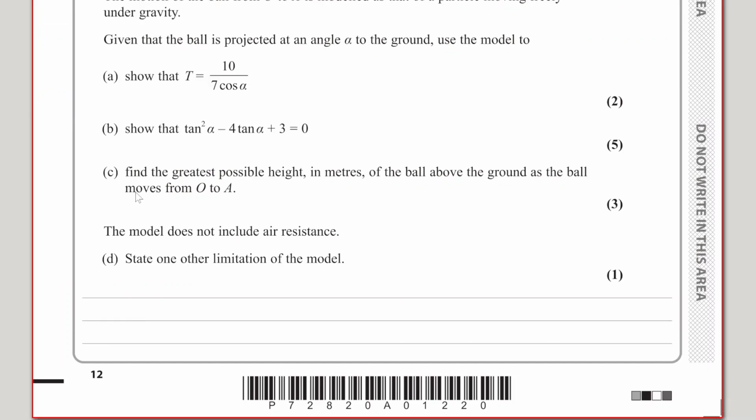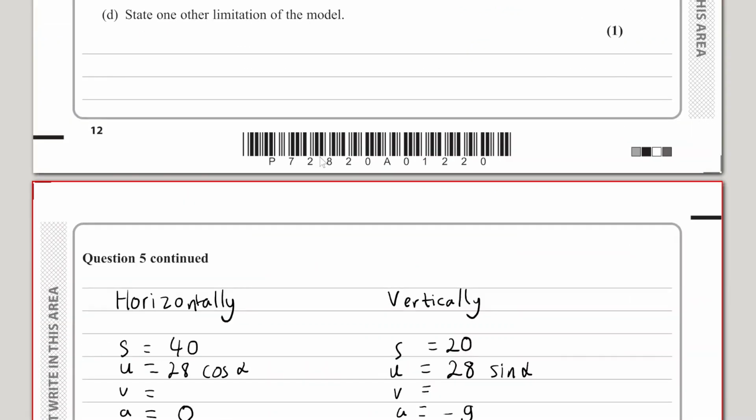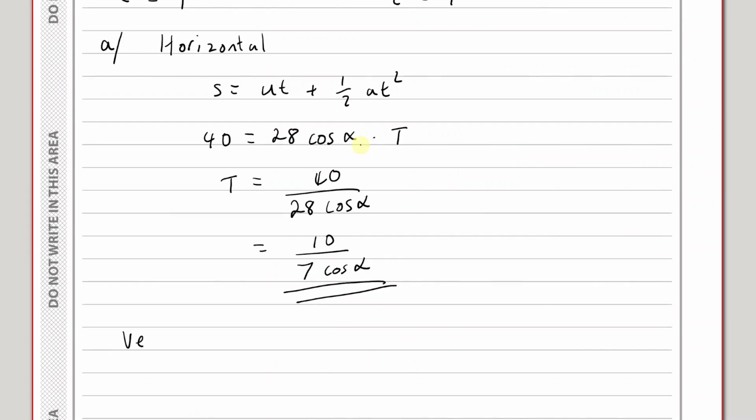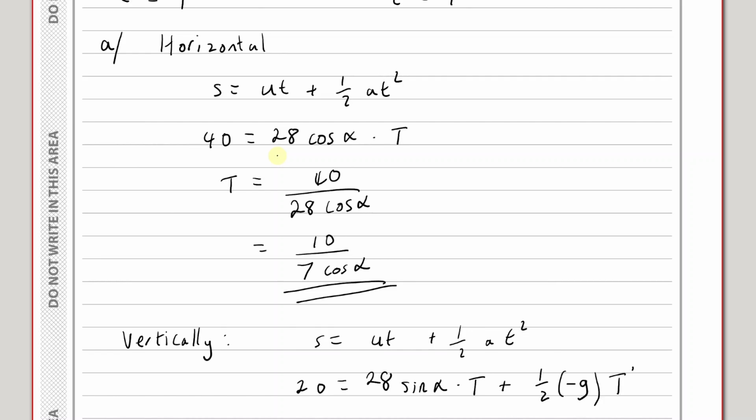For part B, show that tan squared alpha minus 4 tan alpha plus 3 equals 0. So we're going to do the same for the vertical component, and then we're going to eliminate T. So the vertical component, again, S equals UT plus half AT squared. 20 equals 28 sine alpha times T plus half minus GT squared.